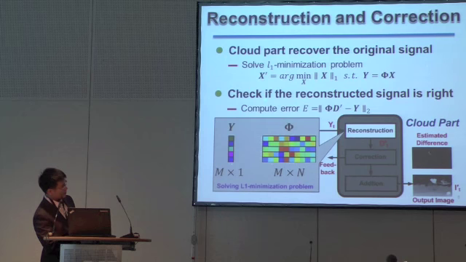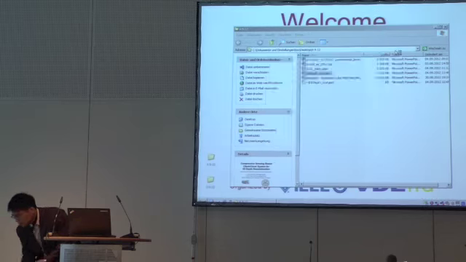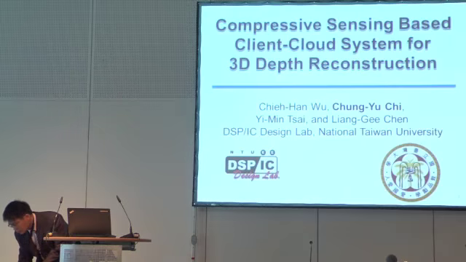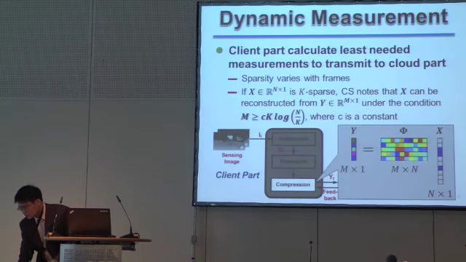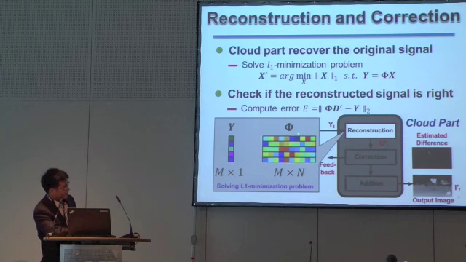We can check if D prime is reconstructed right. We compute the error E by multiplying D prime by the same random matrix phi, subtracting y, and taking the L2 norm to get this error E.